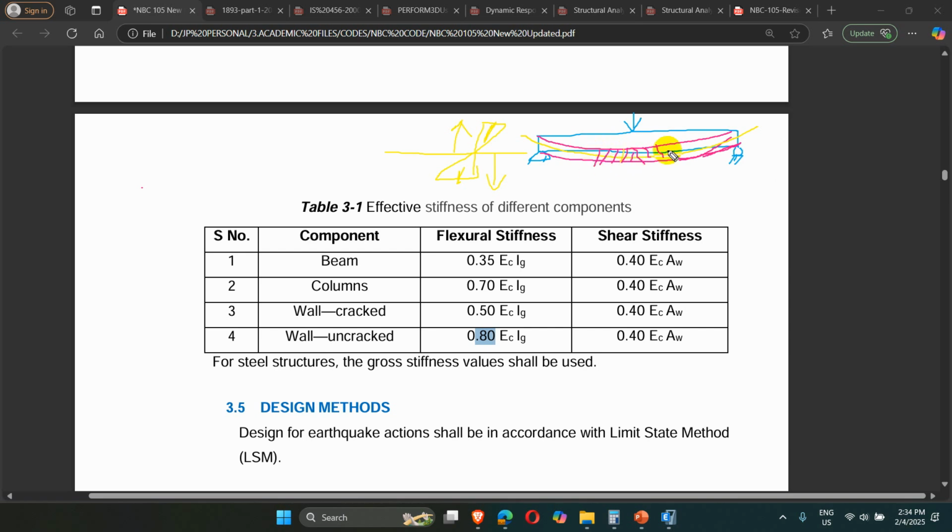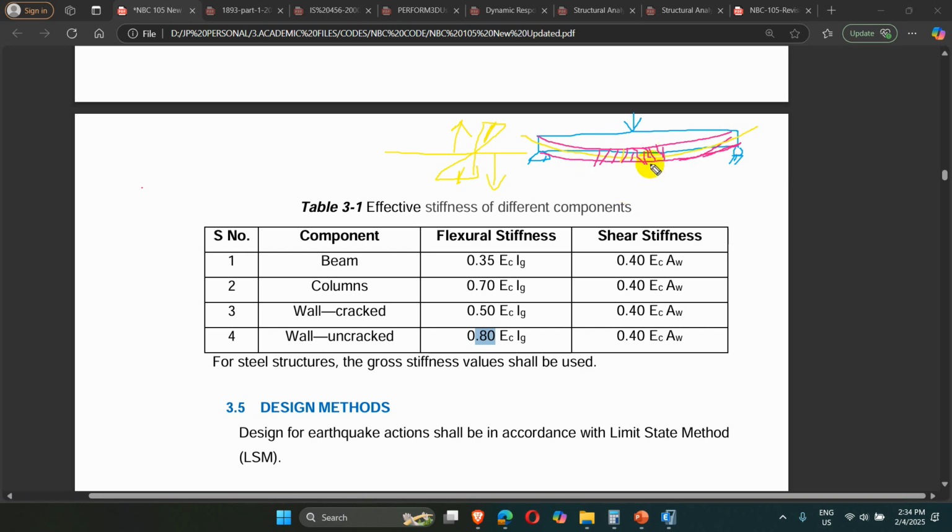After cracking of the concrete, the gross stiffness is reduced, and to consider this reduced stiffness, the stiffness modifiers are incorporated in the analysis.